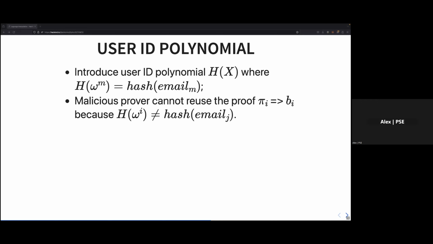In this case, a malicious prover couldn't provide you with a balance commitment for a different user but with an ID commitment for yourself, because you would notice that the X value for these two commitments is different. Any questions?